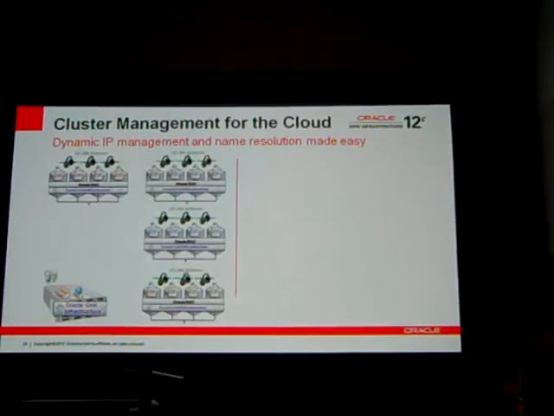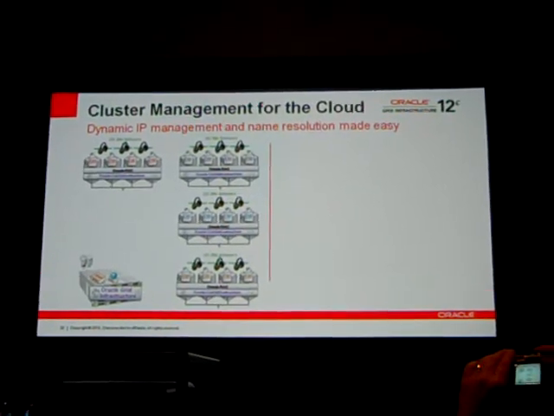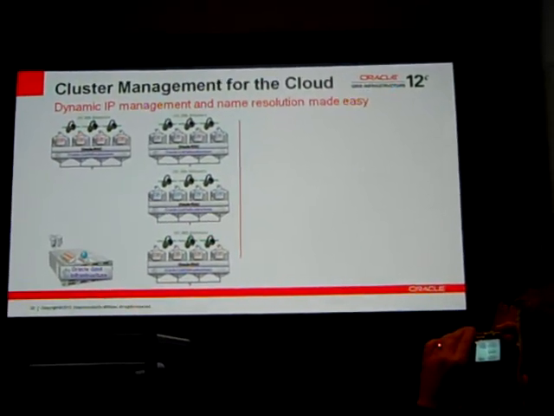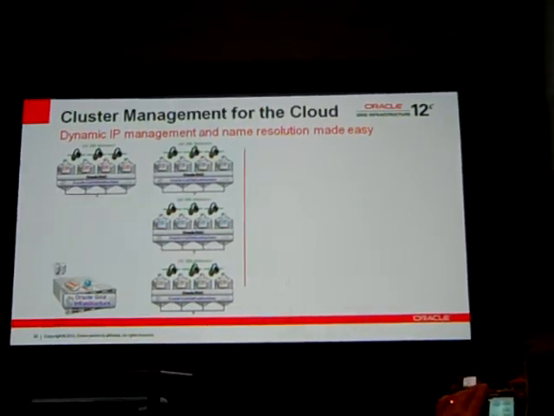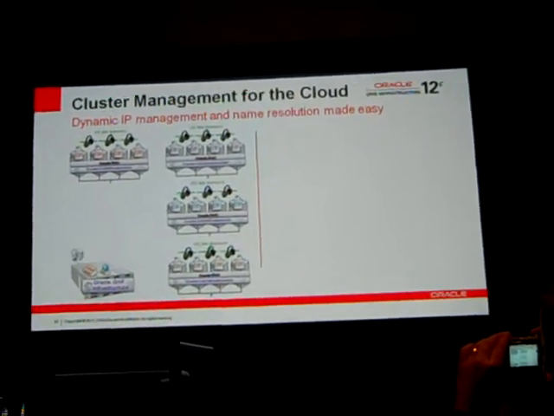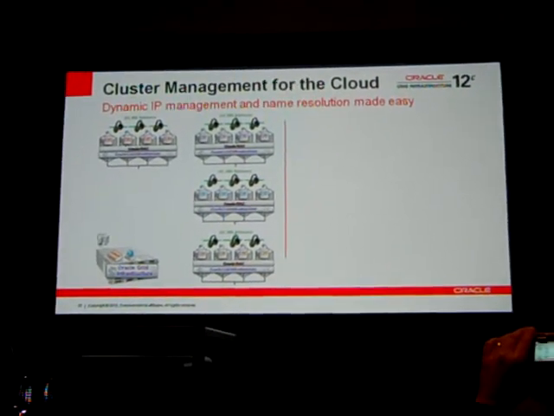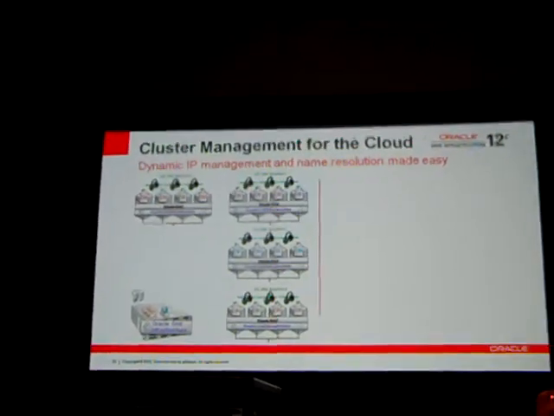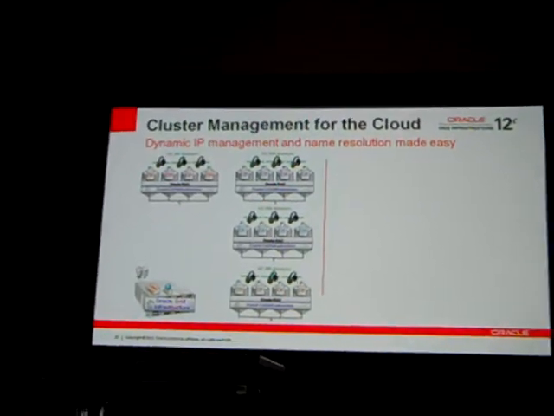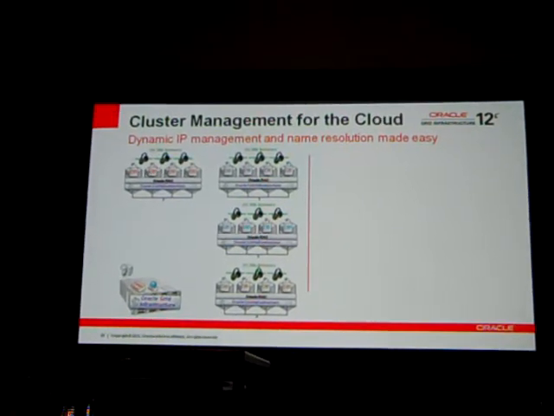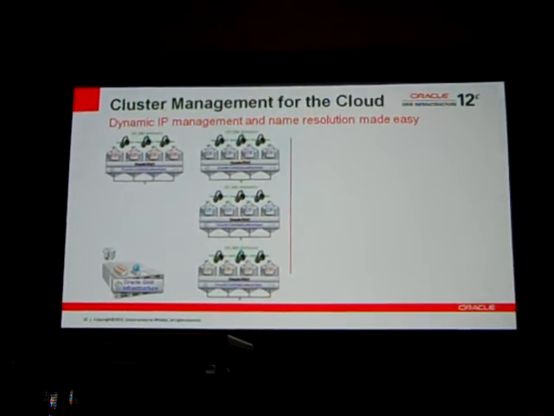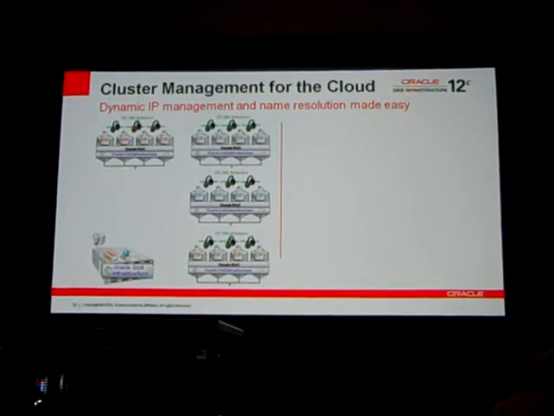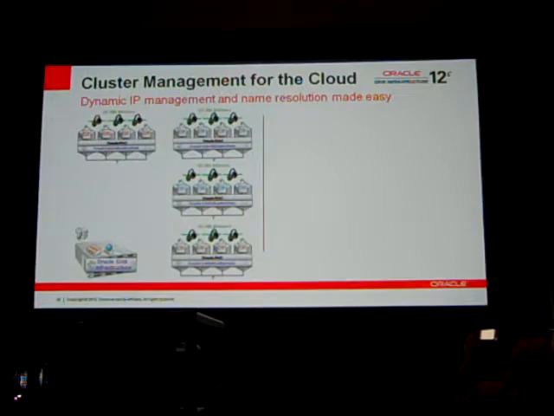Because if you have just enough production clusters in your environment, such as mine here, where I have 4 production clusters in my data center, if you install them, you have to provide 4 times 4 VIPs for the node VIPs, the scan VIPs, and you have to give it a number, and then you have to put it into your DNS. Ideally, you could think about, well, why can't I provide DHCP addresses for those IPs, as I would do it with my laptop, and then have someone else figure out the name resolution.